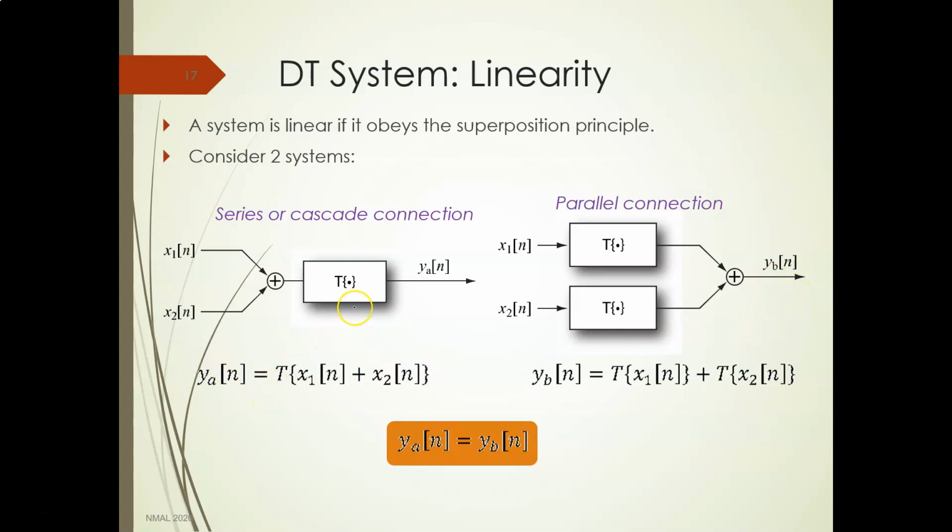It means that whether the system is arranged in the series connection or in the parallel connection, it gives the same result. Whether x1n goes into the input first and x2n after that and the outputs are added together, or x1 and x2 are added together first and the output from this addition goes into the system with the transformation to produce Yan, it has to produce the same answer, meaning Yan has to be equal to Ybn.